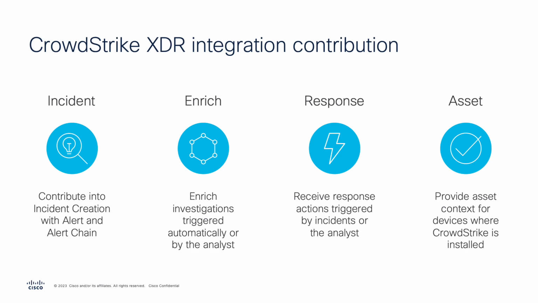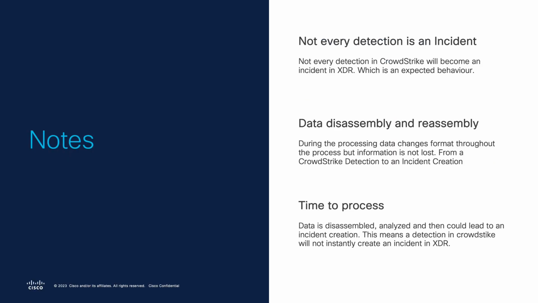Before, and still available, is the ability to do investigation with data coming from CrowdStrike, also doing responses with CrowdStrike for isolating a host, a file hash, etc., and also using CrowdStrike as a source of device information or asset information inside an environment. So those are the different ways that CrowdStrike contributes into Cisco XDR.